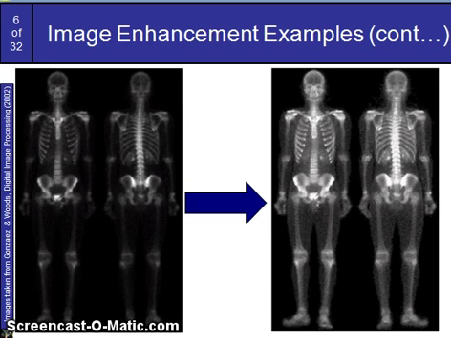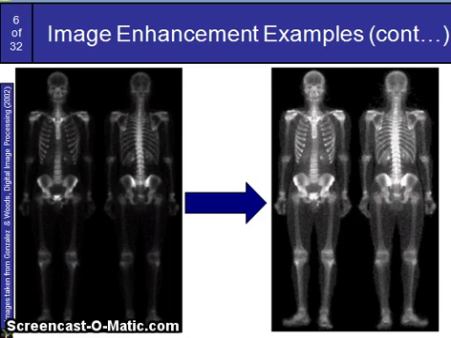The next image shows the human skeleton. Once again, the X-ray image is not very clear and the details are missing, and on the right we see the enhanced image where the details are very clearly seen compared to the input image.